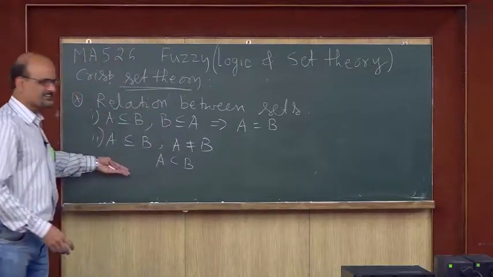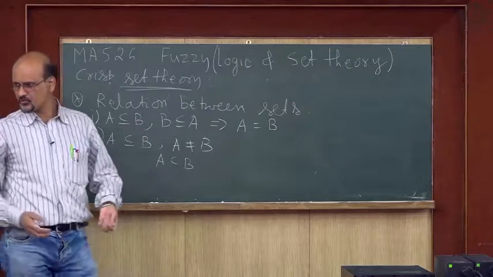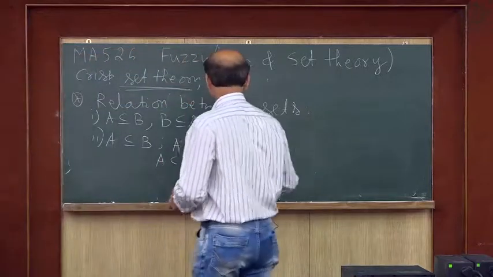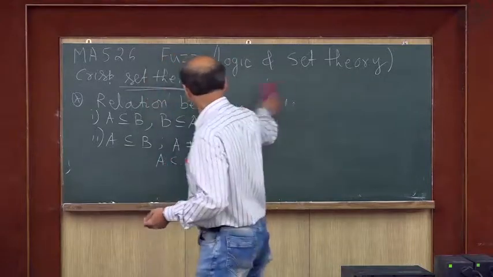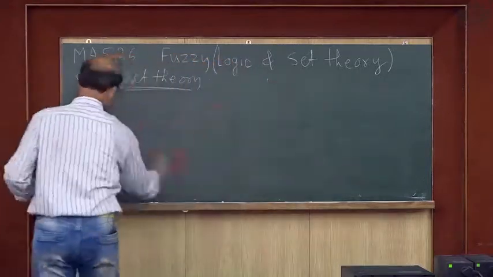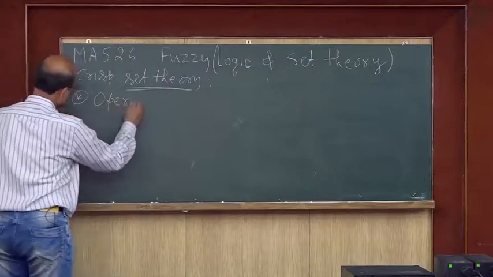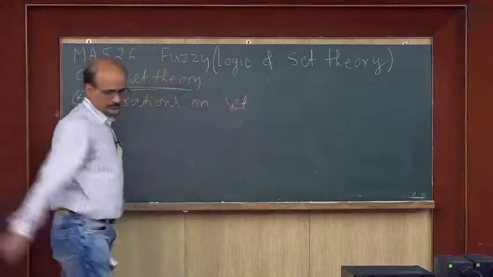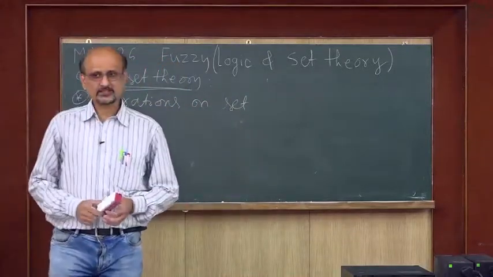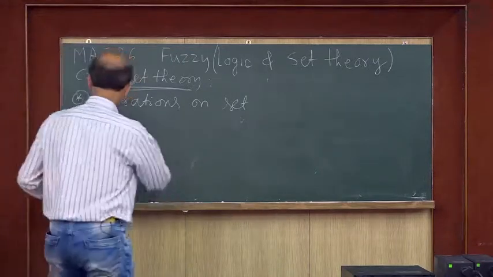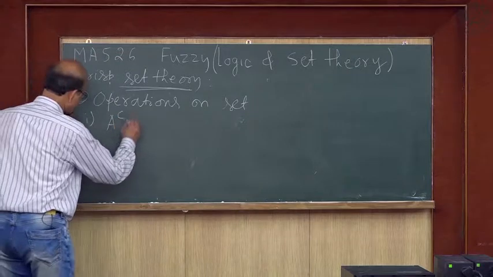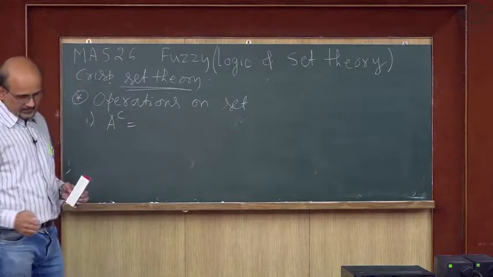There are other relations that you will see later when we do them one by one. Now, operations on sets. First is complement. So, I can write A complement. What is that A complement?